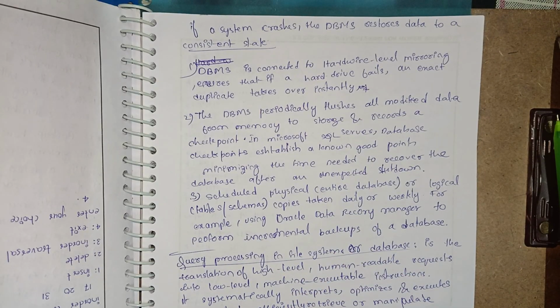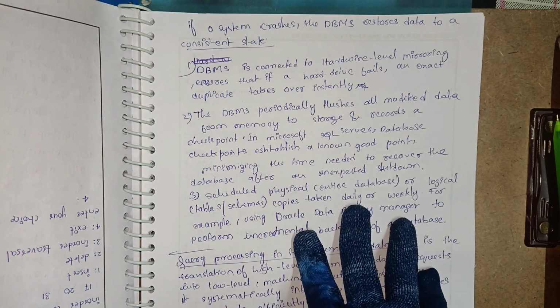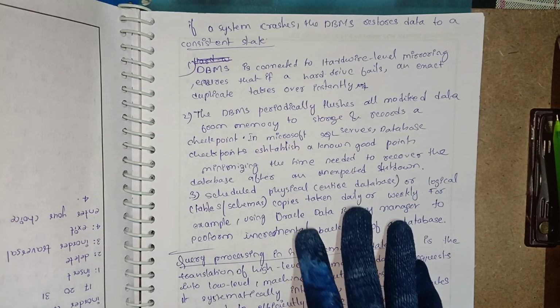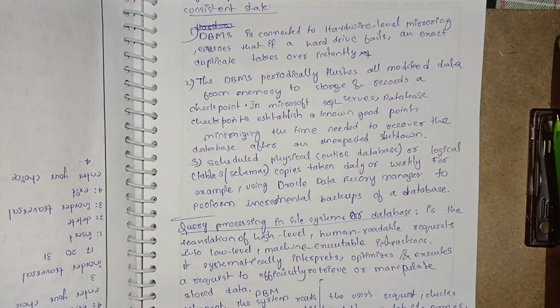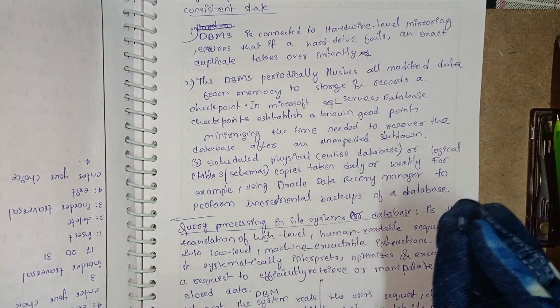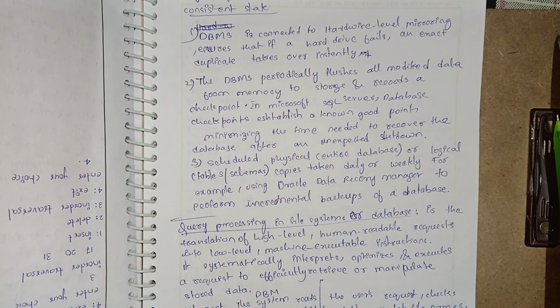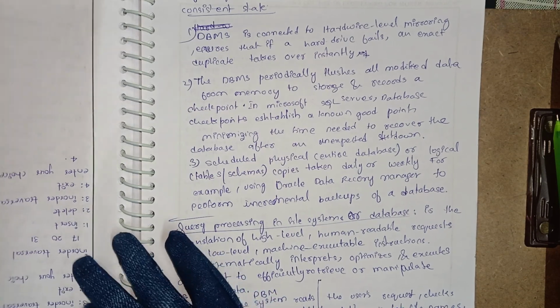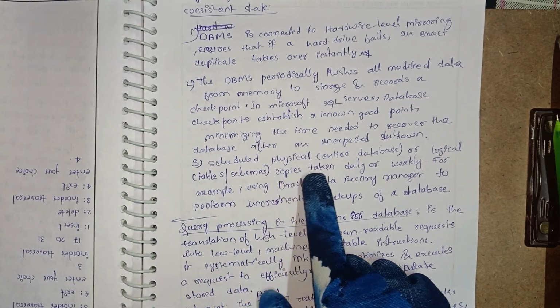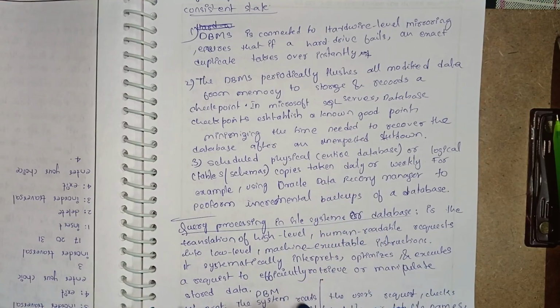So if one person makes a change in the database, and others want the original data, not the changed data which was created by me, I can restore from the backup, using these copies taken daily.